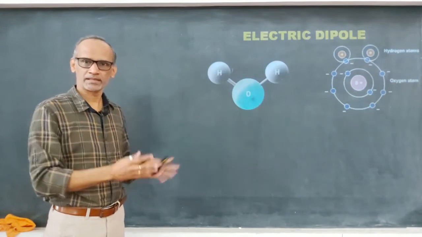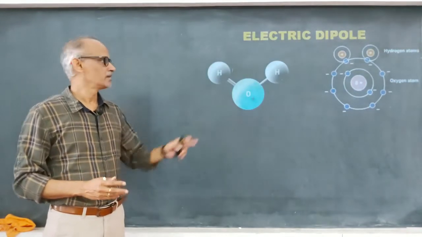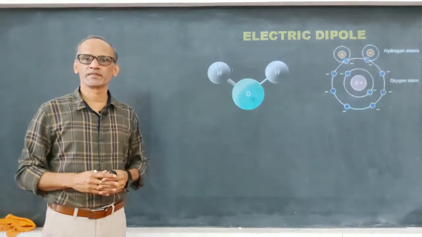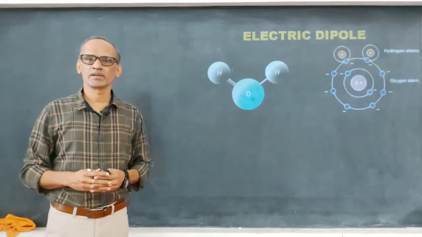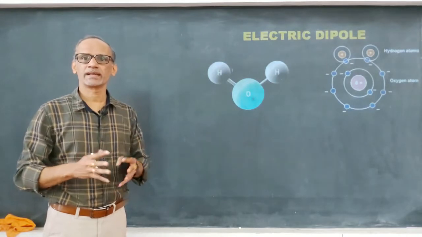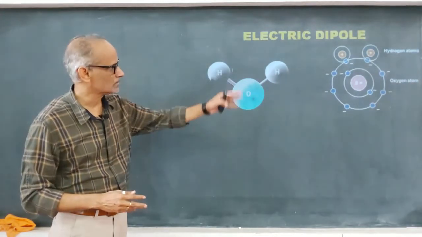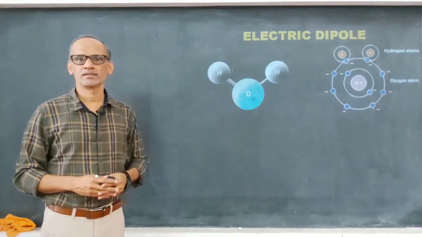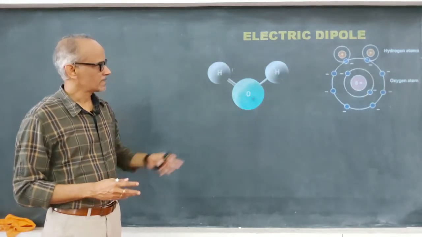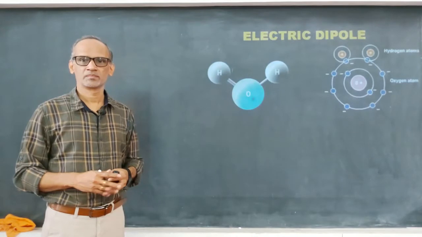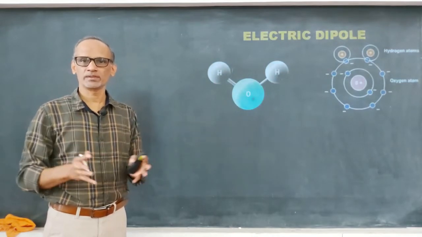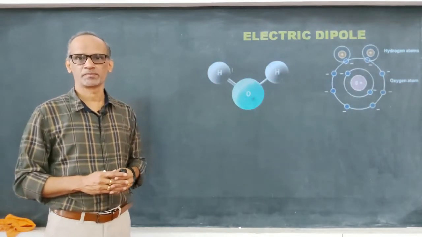So, in the entire molecule, 8 electrons of the oxygen and 2 electrons of the hydrogen, altogether 10 electrons, and those 10 electrons are shared as shown in the diagram. At the same time, there are 8 protons as well, because an atom or a molecule is always electrically neutral.